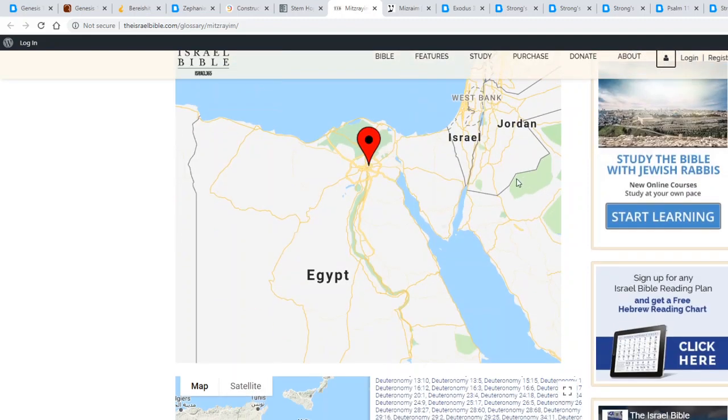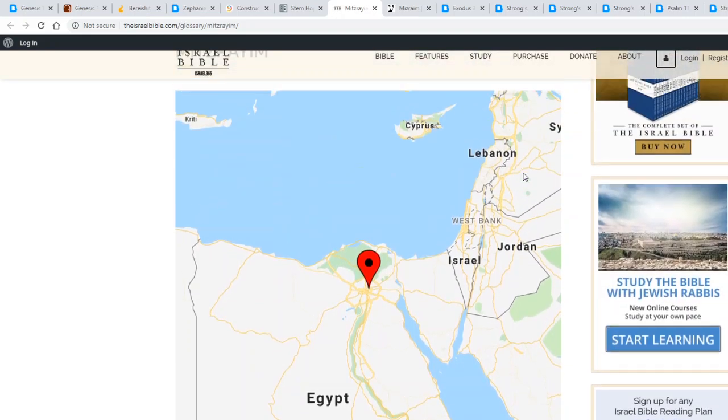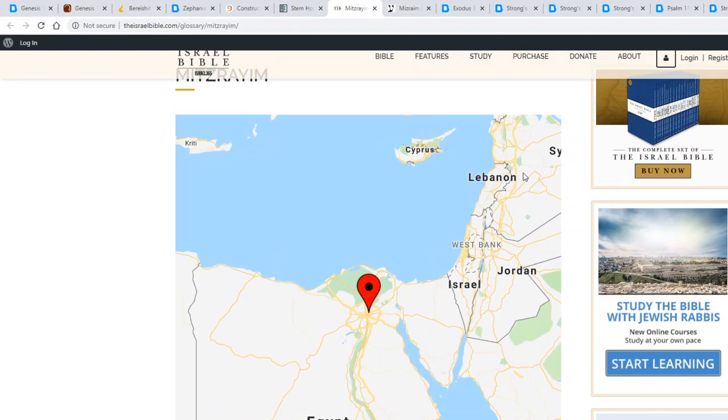Okay, now, as promised, I wanted to talk about the word Mitzrayim, the word Egypt. And it's actually a very good way of describing what goes on with Hebrew roots. You know, the radicals.